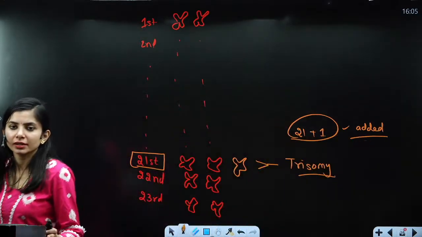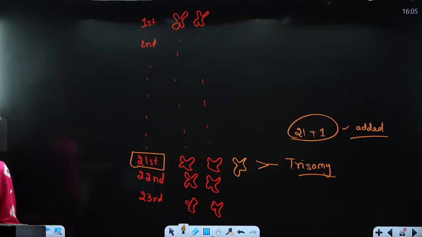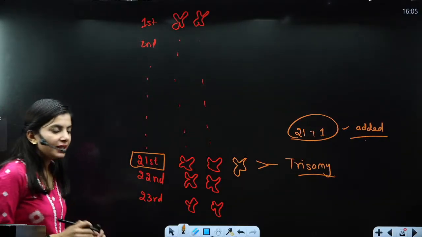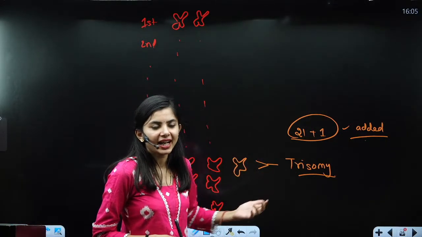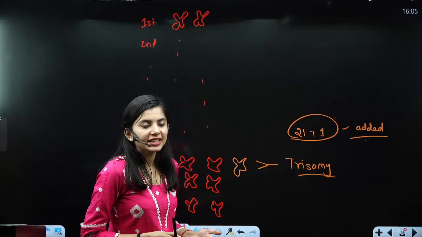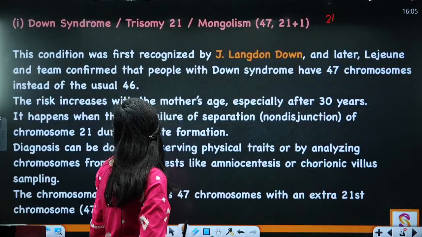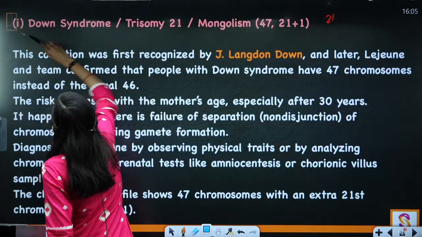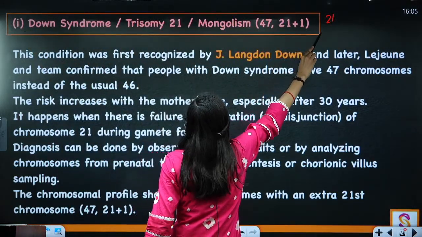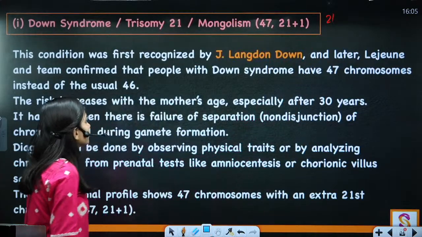At the 21st number, one chromosome is added. If one new chromosome is added at the 21st place, it is specified as Down syndrome, also called trisomy or Mongolism.